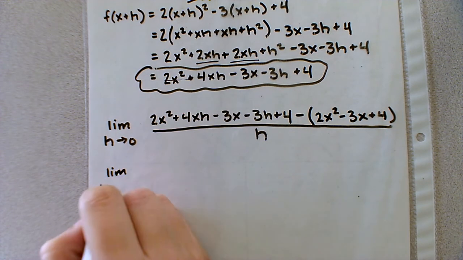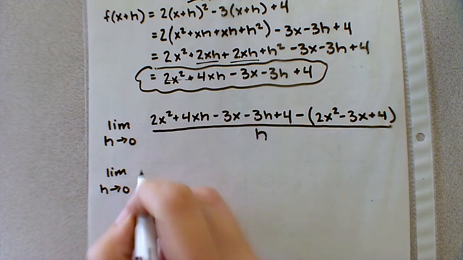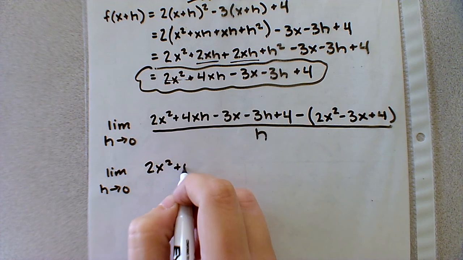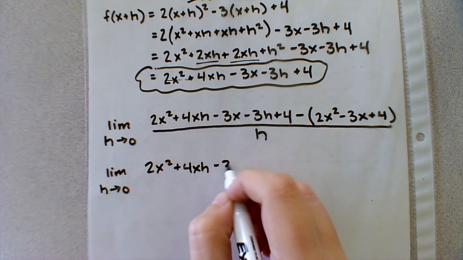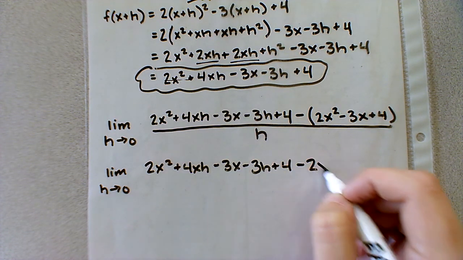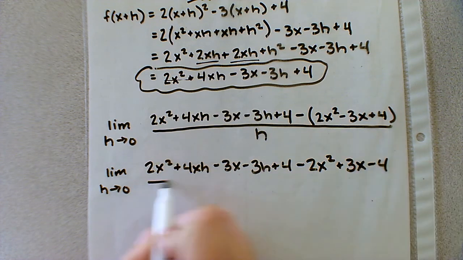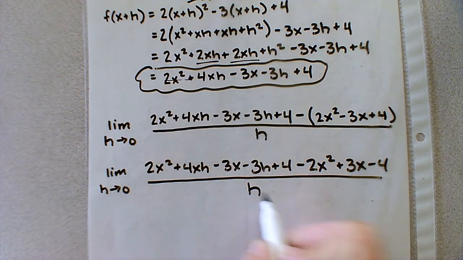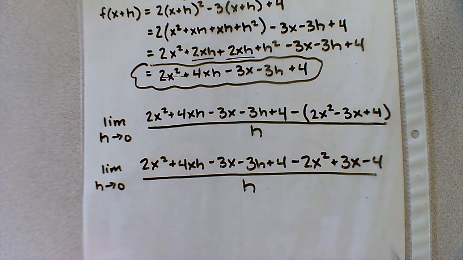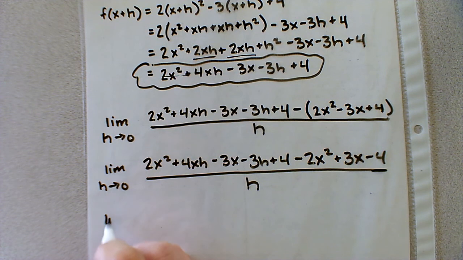All right, let's simplify a little bit more. I can distribute in that minus sign. All right, and it's at this point that I'm crossing my fingers that we have a lot of terms that are going to cancel out or at least combine somehow, because I know I have a lot going on here.